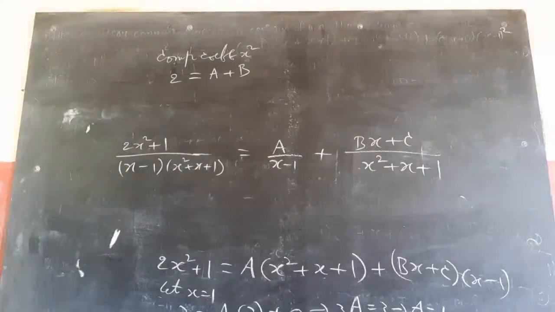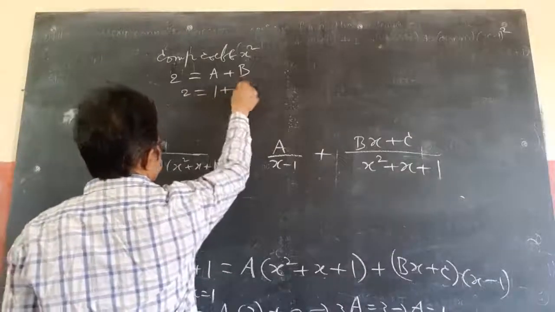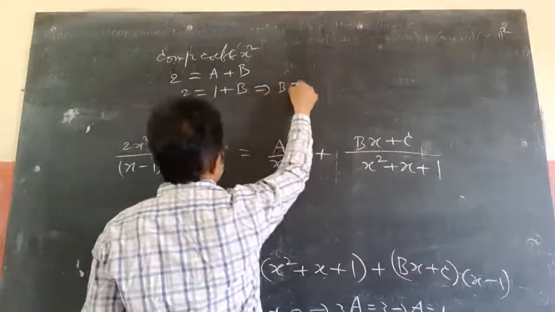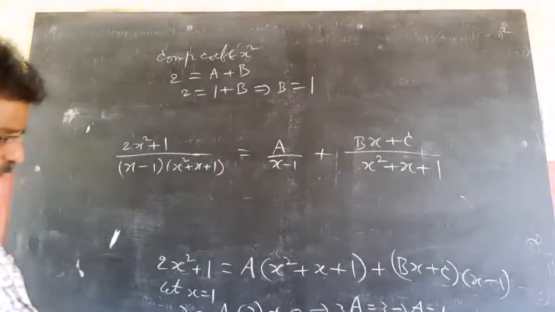I already know the a value. If I substitute here, 2 equals 1 plus b, which implies b equal to 1. Now after getting b, I need to get c.